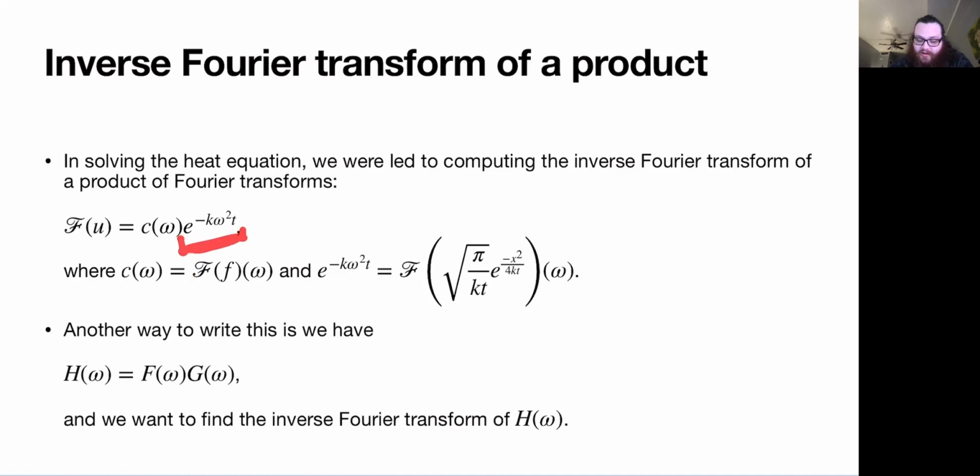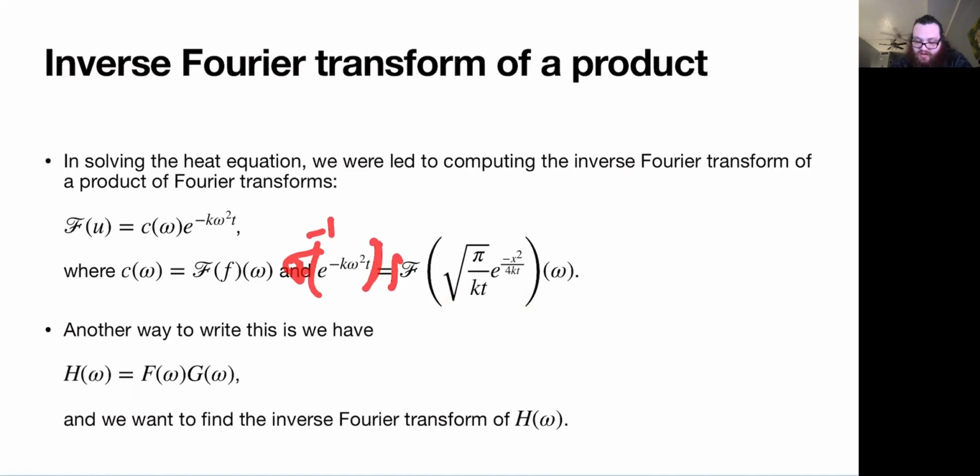And this piece right here is a Gaussian, and we know how Gaussians Fourier transform. In this case, e to the minus k omega squared t turns out to be the Fourier transform of this Gaussian right here.